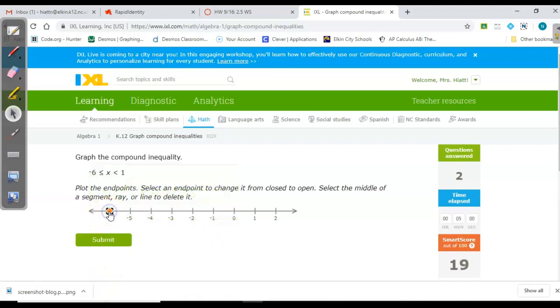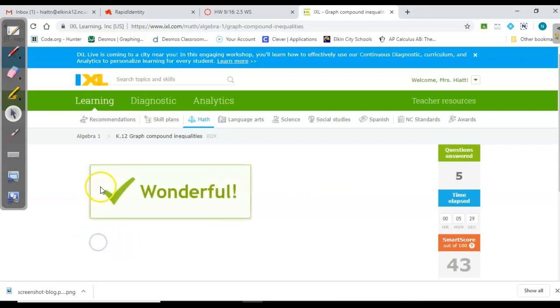Here we've got negative 6, closed circle, to positive 1, open circle, looking for or, but you'll get the idea here. Make sure you got these right. Here's one that's and. X is greater than negative 2, so it'd be negative 2 to the right, and less than 2. We need open circles for both of those.